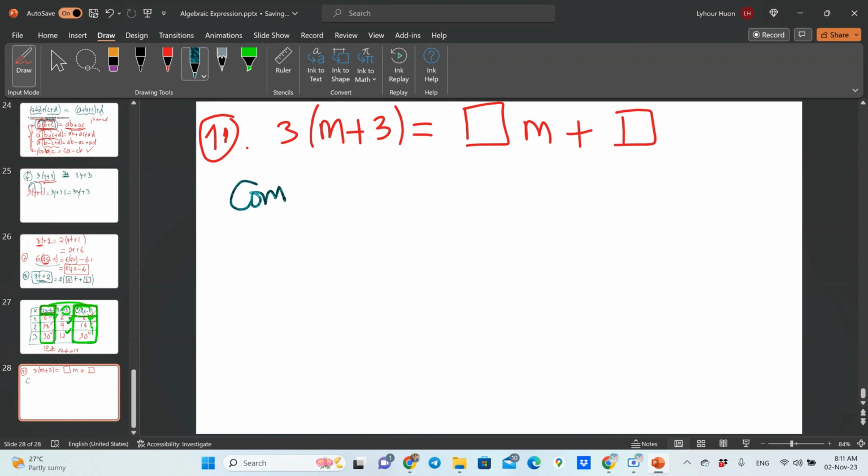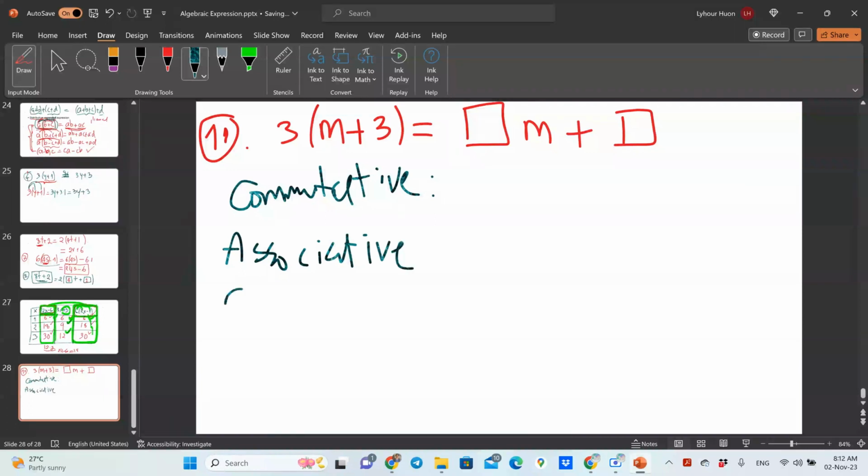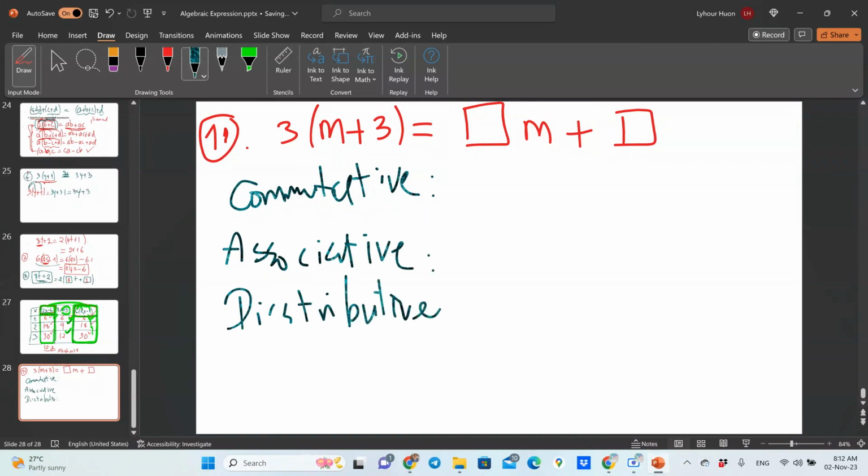Commutative property is the property that can switch the things.